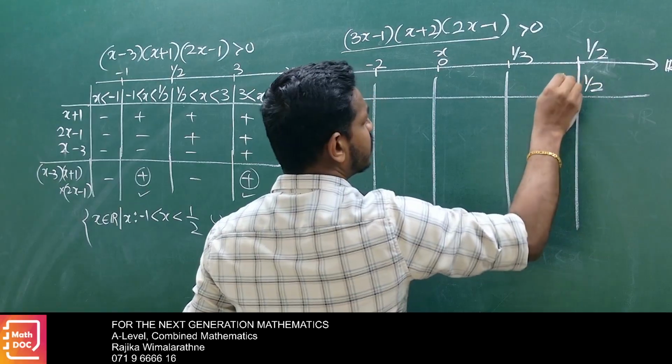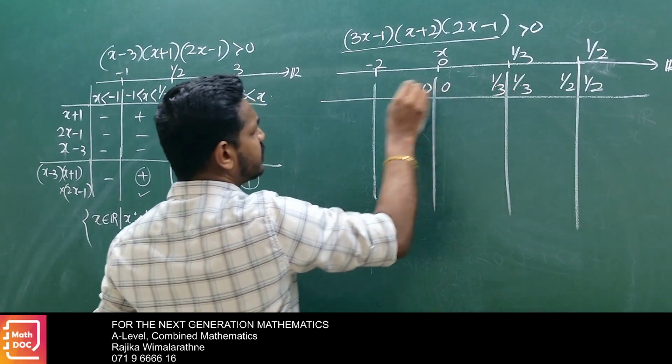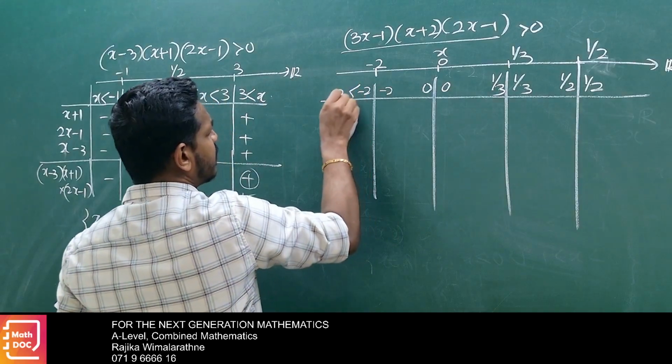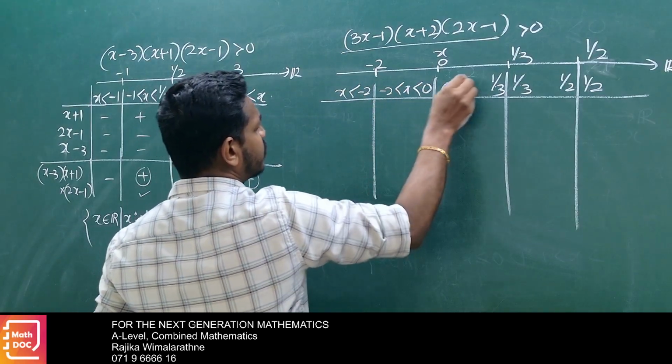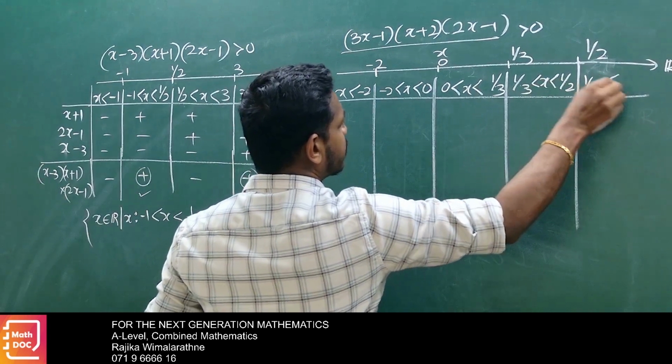Table: half, 1/3, 0, minus 2; less than minus 2, in between minus 2 to 0, in between 0 to 1/3, in between 1/3 to half, greater than half.